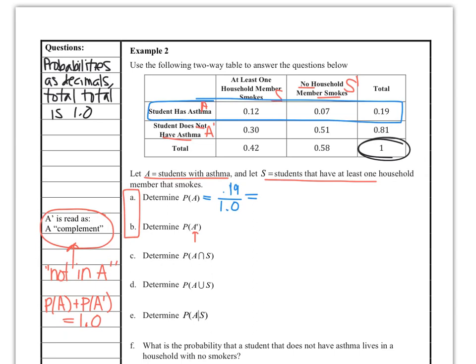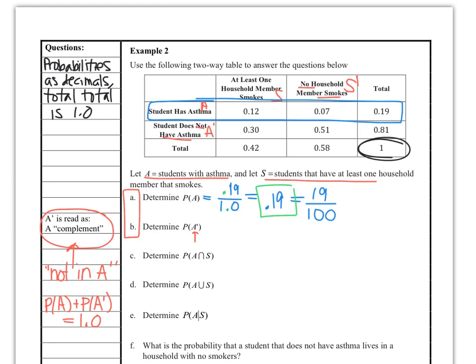Now, there's different ways that this can be written. Because it's just out of 1, it could be written as 0.19, or it could be written as 19 out of 100. I just slide the decimal two spaces to the right. Either way is fine, but don't leave it with a decimal on top and a decimal on the bottom. That's really ugly looking. We don't like ugly. So 0.19 is my final answer for the probability of being a student with asthma.